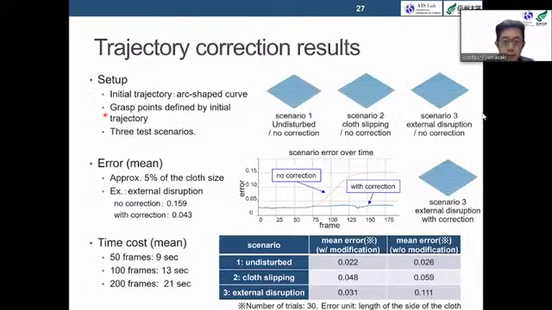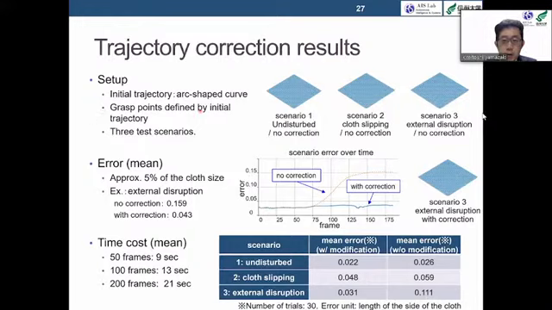Okay. This slide shows a trajectory correction example. The evaluation conditions are as follows. We initialize the trajectory as an arc-shaped curve. The grasp points are defined by the initial trajectory. We evaluate 3 test scenarios.